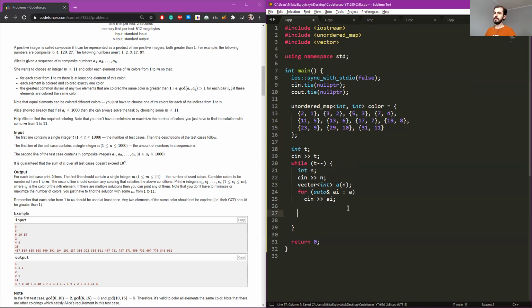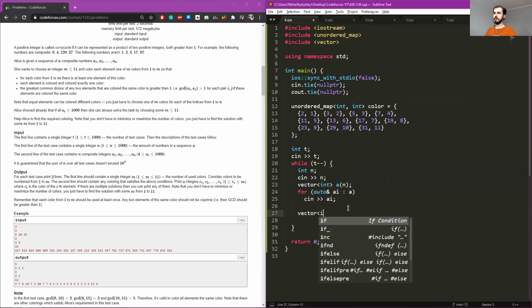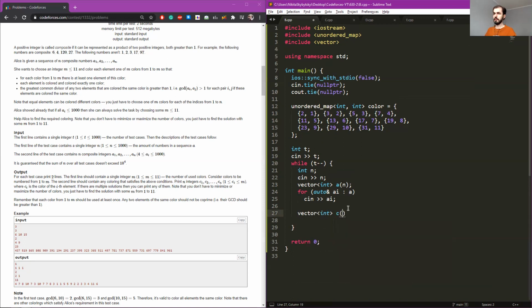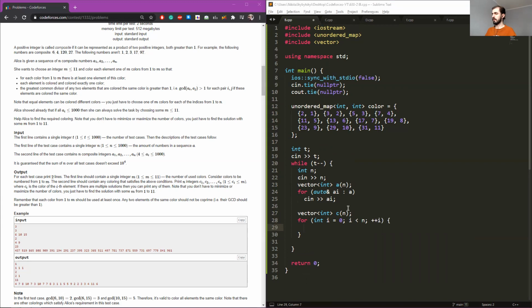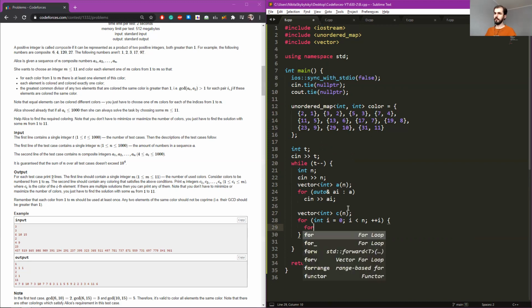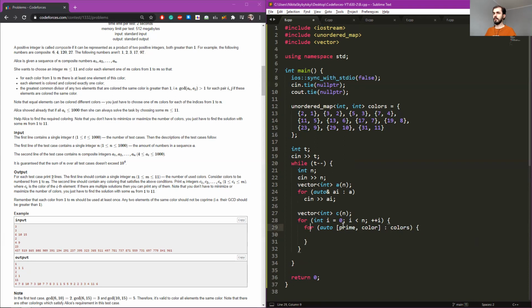Right, and we can just do that. For each prime and then color, I guess we can add this construction.